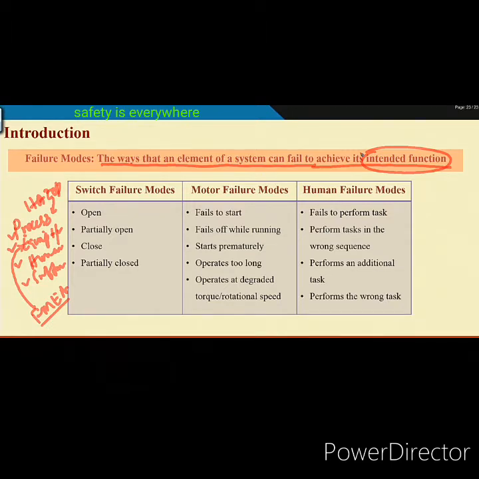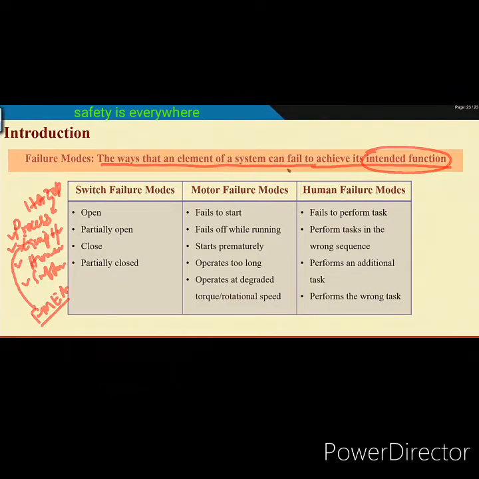A valve can fail, a switch can fail, a motor can fail, a human can fail. There are process, equipment, human and software failures, and there are different ways each will fail. Every way is a mode, so the ways an element of a system can fail are the failure modes.